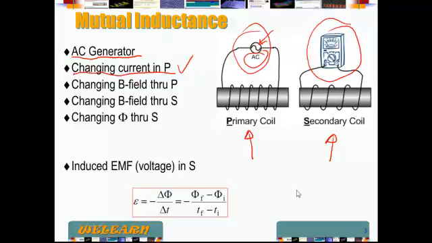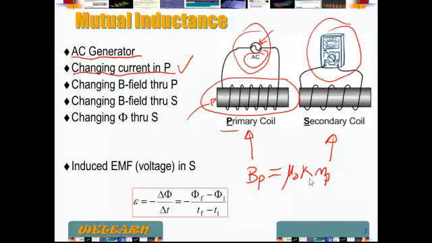The magnetic field through a coil that looks like this, a solenoid for simplicity, is given by this expression. B, in this case, since we are talking about the primary, is going to be mu zero, permeability of free space, kappa, which is the permeability of the core of that particular solenoid, times n sub p, the number of loops per unit length.